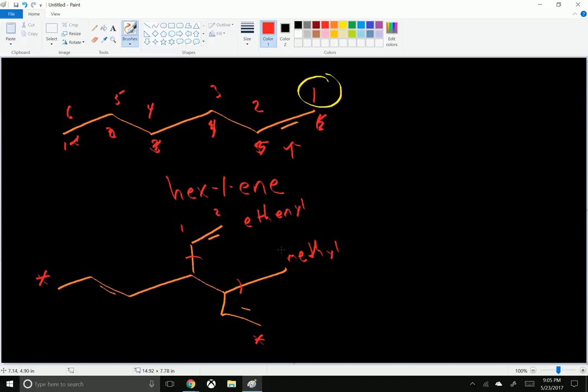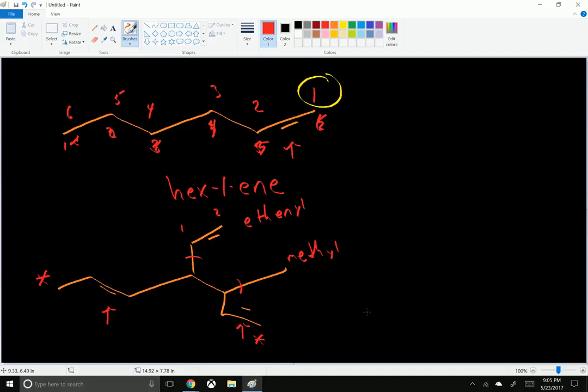Ene to indicate that there's a double bond, yl because it's a side chain. We don't need to worry about indicating where the double bond is on that ethenyl because there's only the 2 carbons. There's only one possible location for it. And then we're also going to have to find a way to indicate that it has 2 double bonds. That is actually quite easy.